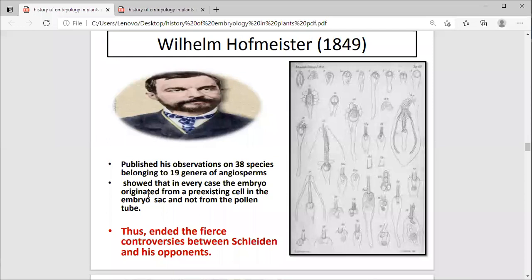After the fertilization, the meeting of the male gamete and female gamete, then the embryo sac is responsible for the formation of the embryo. After the investigation, he ended the controversy between Schleiden and Schwann's opinion here.